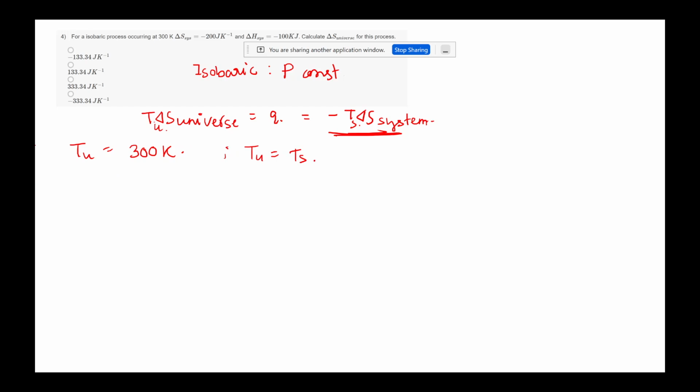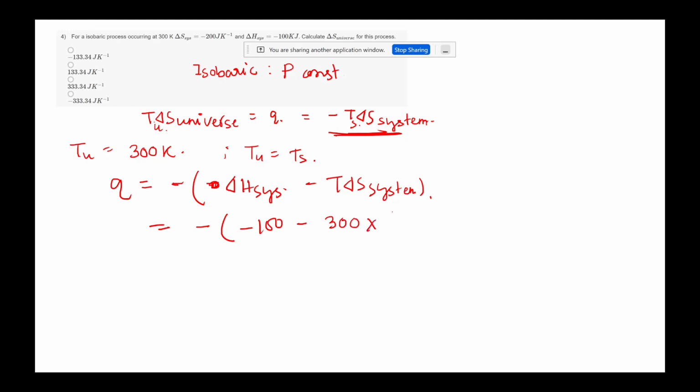Now this Q, heat exchange Q, will be minus delta H system, the enthalpy, delta H minus T delta S system. That is the formula. Okay. Now if you put those things, delta H system is minus 100 minus 300 into minus 200, but this is in kilojoule.